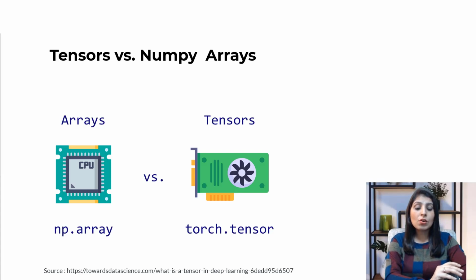Now I will show you a practical example where we will use a NumPy array and a PyTorch tensor. We will see how a NumPy array solves that problem and how a PyTorch tensor solves the same problem, and what the time difference is between them, how much faster a PyTorch tensor is than a NumPy array.